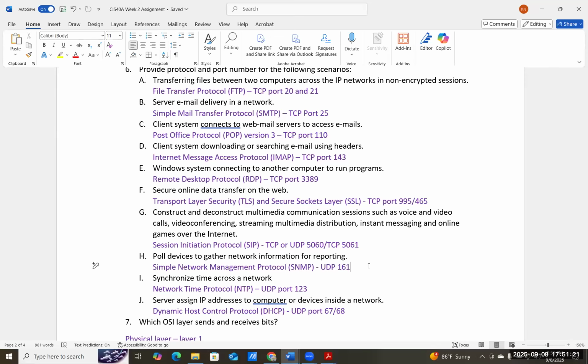Back in the day, we had to do this one by one. Who wants to do that anymore? We have technology to be able to streamline that. So when you see SNMP, that's simply for network management purposes and maintenance. 161 is UDP.